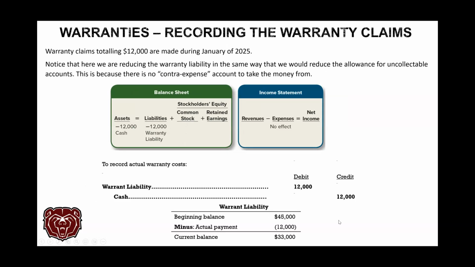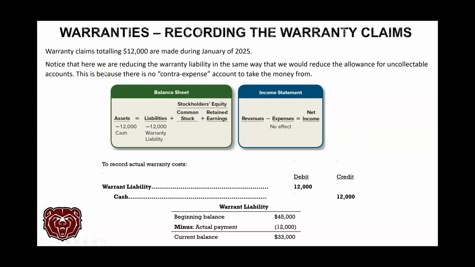Let's say that in January 2025, we had customers make warranty claims totaling $12,000. What we're going to do is reduce that warranty liability, that piggy bank account, by $12,000, and we're going to reduce our cash by $12,000, because we're actually going to have to pay to have these defects fixed.